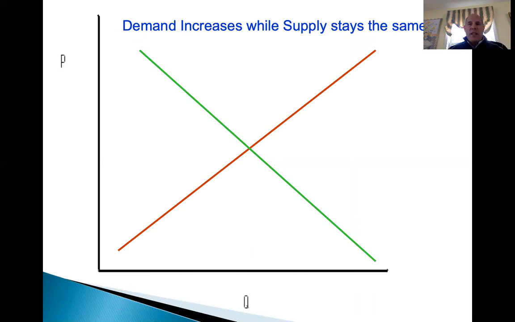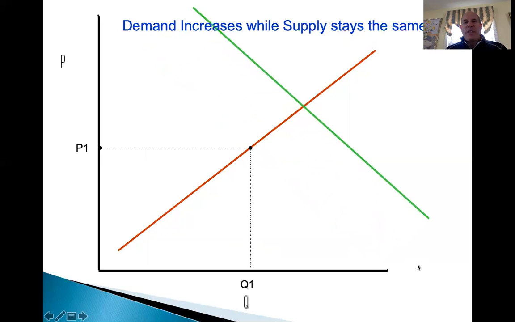Now we're going to take a look and see what happens when we freeze one of the variables, supply. Supply will stay the same, and remember that price is constantly changing, and different consumers will buy at different price points and at different quantities. But if I freeze the supply, what would happen if demand increases? So here we have P1, the equilibrium point, and demand has shifted from left to right up the supply curve.